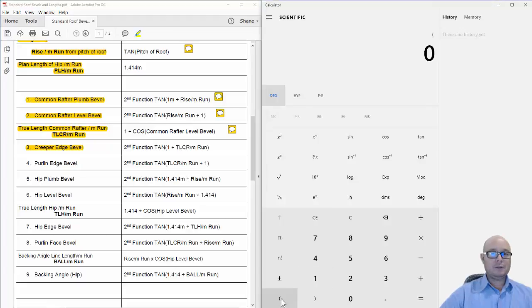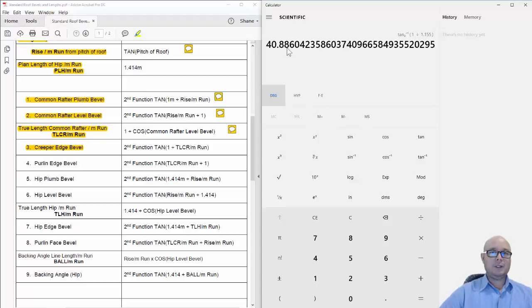Yours may be a little bit different, but it's 1 divided by TLCR per metre run, which is 1.155. Close bracket, and I've got to go second function tan, which is the tan minus 1, and that gives me an answer of 40.88.